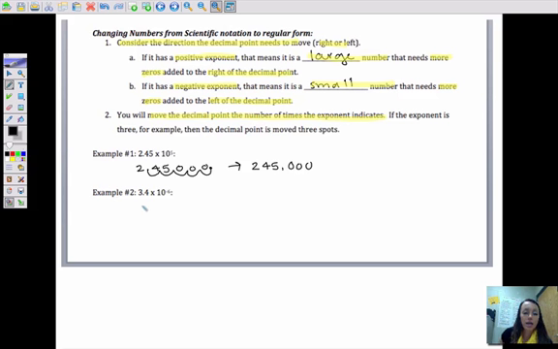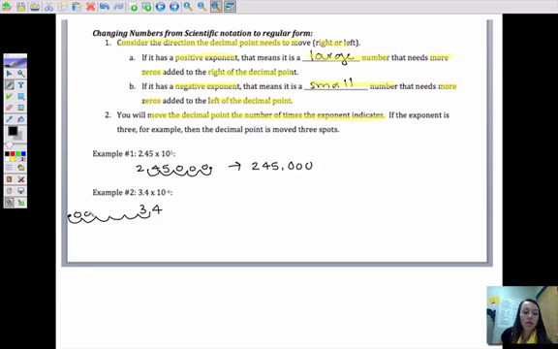In the second example, we're going to rewrite my number. Now it's 3.4 times 10 to the negative 6th. So if it's negative, we're going to move the decimal point over to the left because it needs to be a very small number. So we're going to move it over to the left 6 spots. So 1, 2, 3, 4, 5, 6.